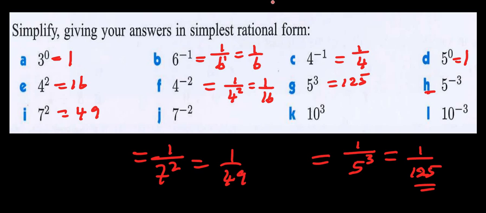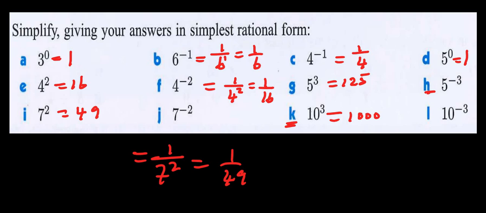And then we also have question K, 10 cubed, which is 1000. Okay, so you can also see that we have the reciprocal of that, which is 10 exponent negative 3.